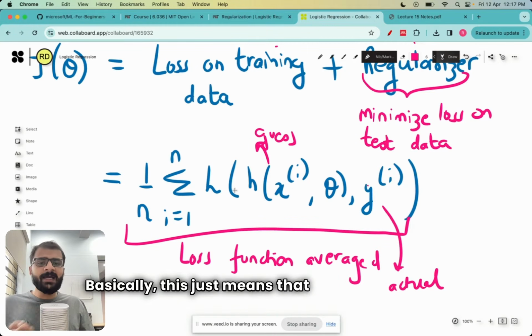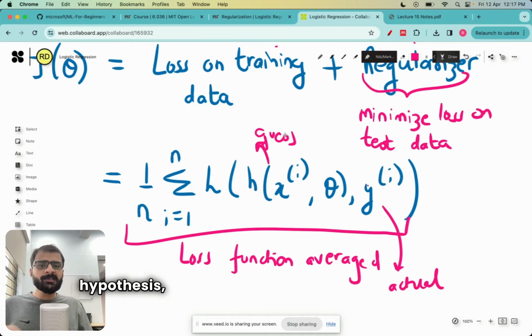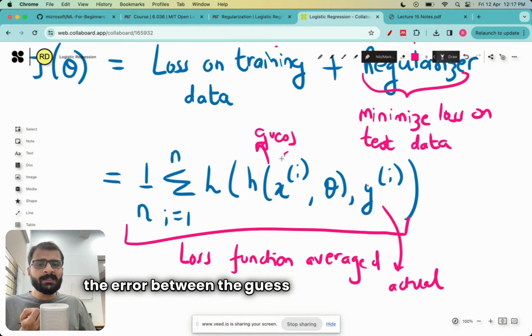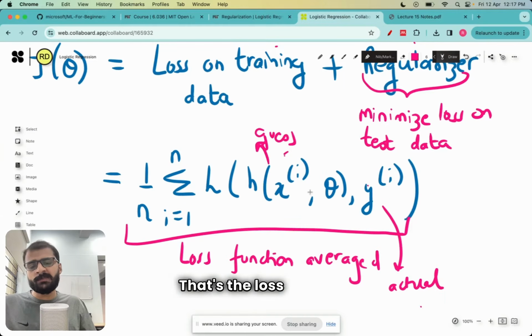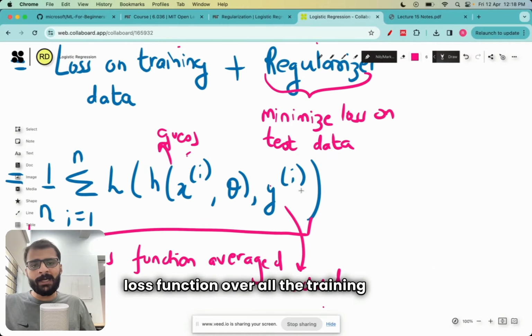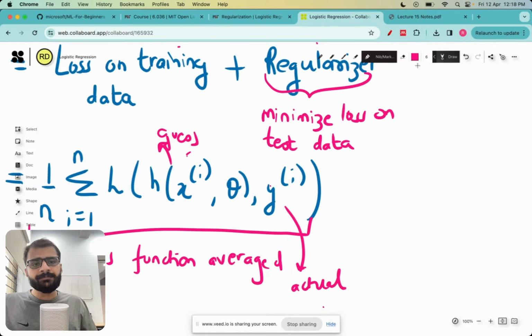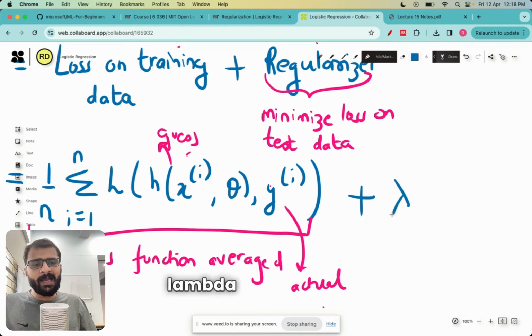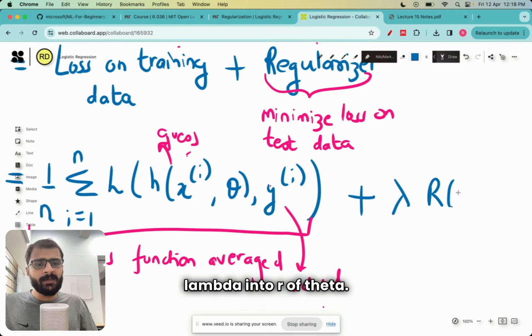Basically this just means that you take your hypothesis, you make the guess, and then you find the error between the guess and the actual value. That's the loss function, and we just take the average of the loss function over all the training data. And the regularizer looks like this: lambda times R of theta.